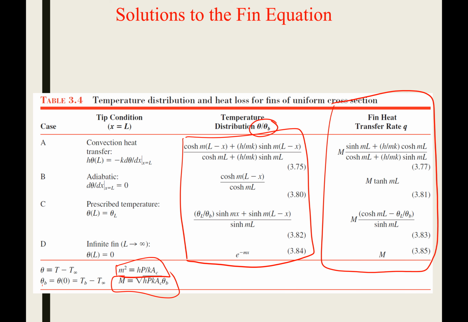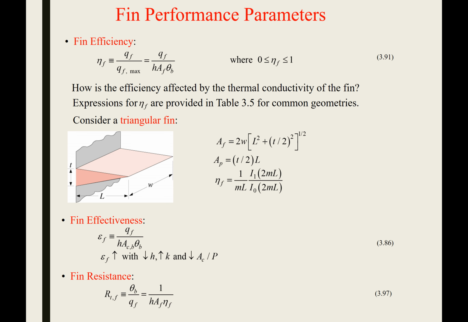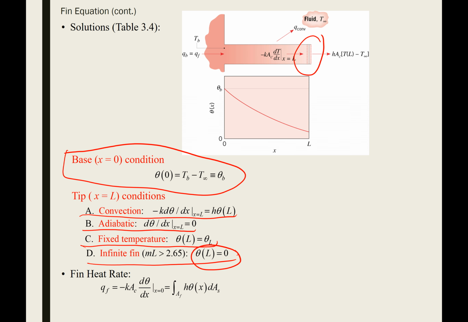If you can make all those assumptions, that it's a one-dimensional system where the cross-sectional area does not vary, constant thermal conductivity, no generation, steady state, then you can just look up these equations and immediately solve for your temperature distribution and the total amount of heat that an individual fin will convect out to the ambient. So we'll get back to that.